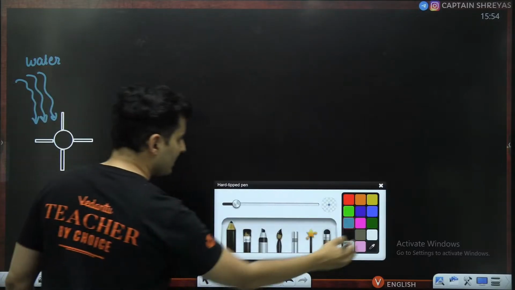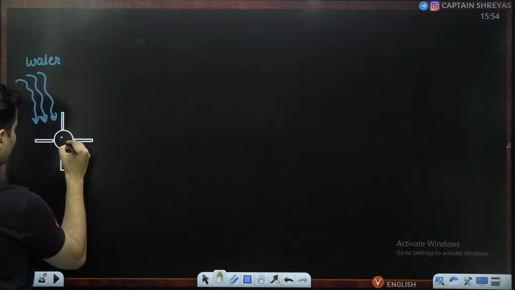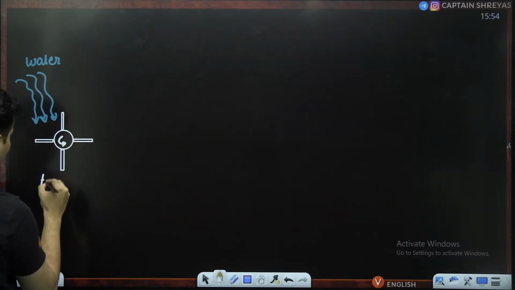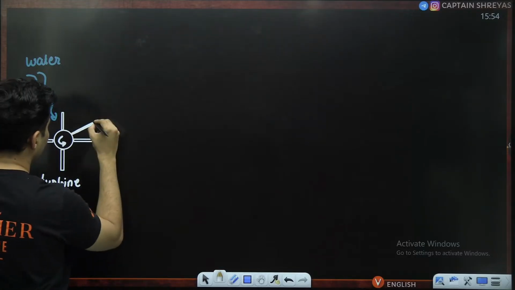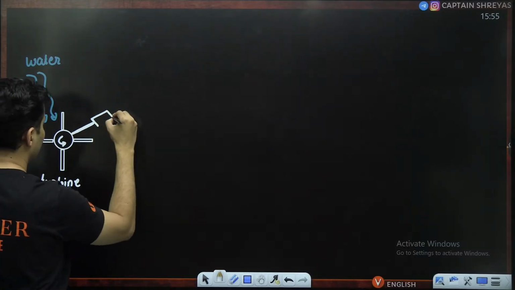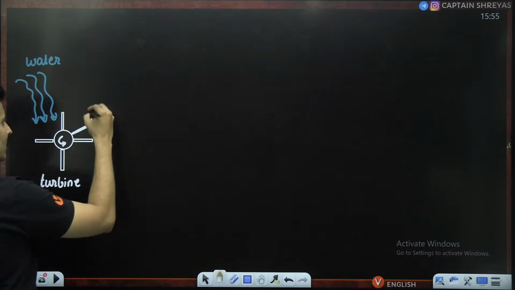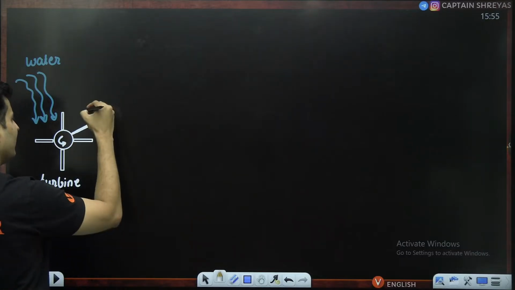So this turbine will rotate, and this turbine might be attached to a coil which is placed in some magnetic field.